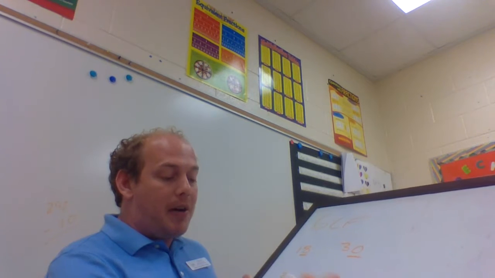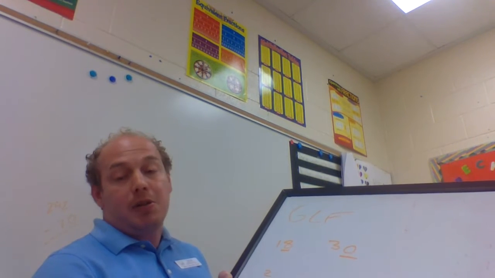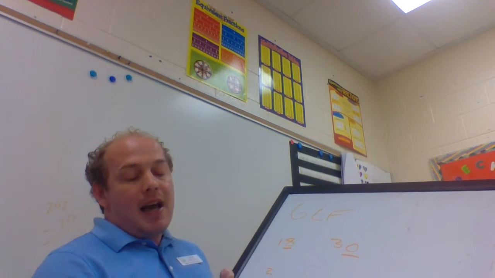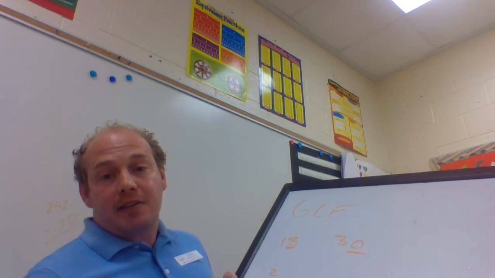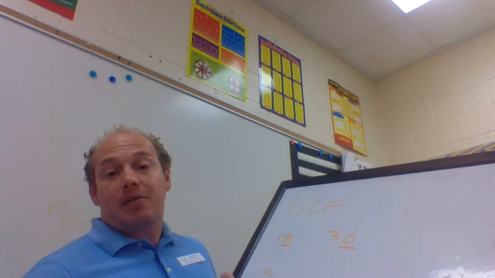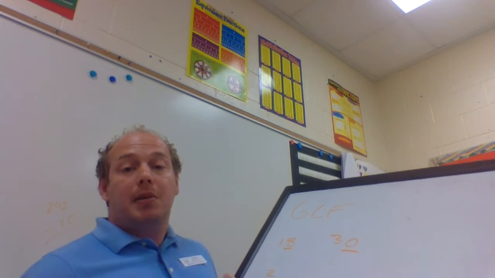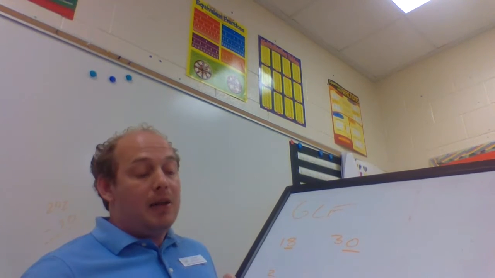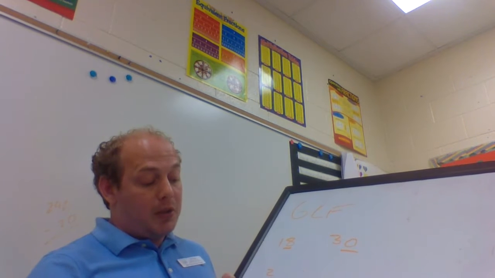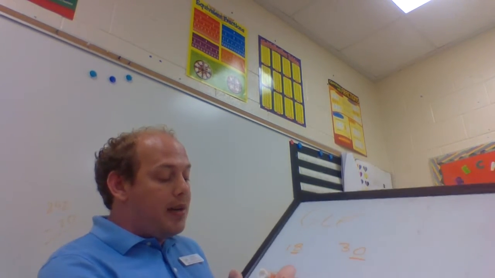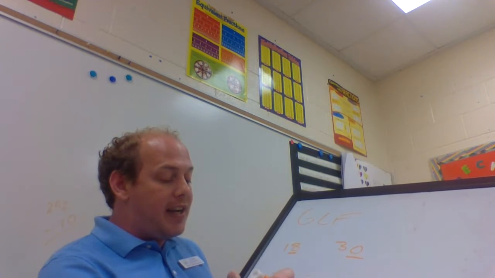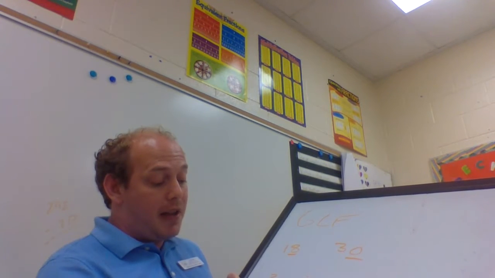And I put them way out here in this much space because I don't know how many factors they're going to have. And factors, it's just the mathematical term for the two numbers that multiply together to equal our end product, which is 18 or 30. So we know 2 is a factor of 18 and of 30 for that matter.